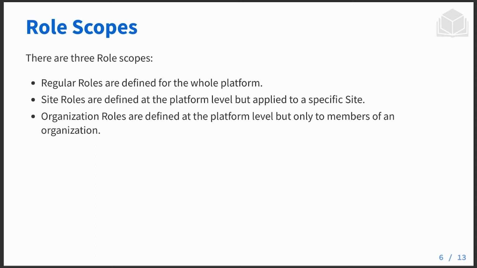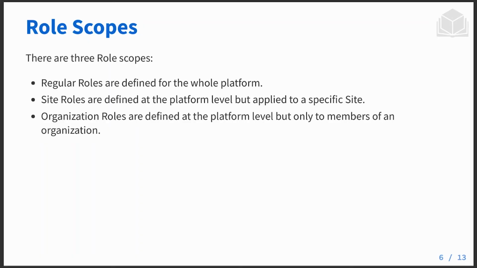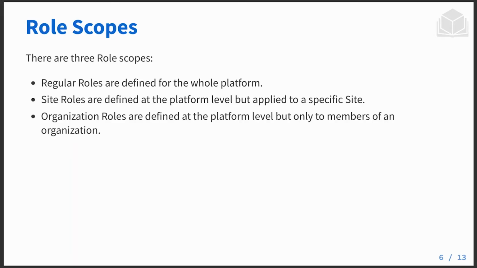So if we were to think about a role where I needed to create content, just a simple role, if I had a regular content writer role, that would mean that I can create content anywhere on the platform, so any site. So there could be 10 sites, I can create content for all 10 of them, all right? Organization and site roles are going to be much more specific, okay? For a site role, I could create content, if I'm using the same example here, in a specific site or specific set of sites that are designated, okay?